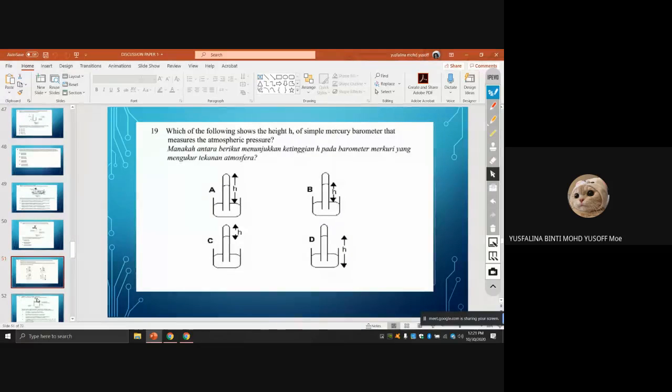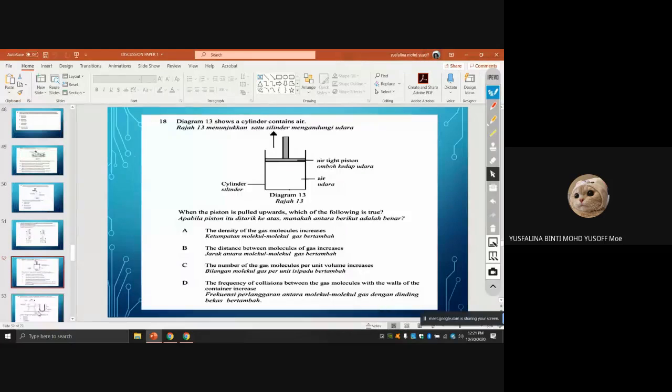Okay, for number 19, which of the following shows the height H of a simple mercury barometer that measures the atmospheric pressure? It must be from the surface of the mercury here until here only. So the answer number 19 is B, boy. Alright, number 18, diagram 13 shows a cylinder containing air.